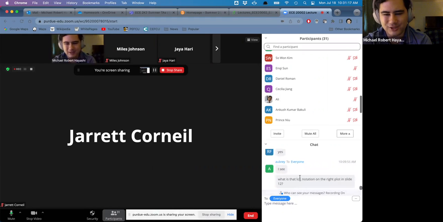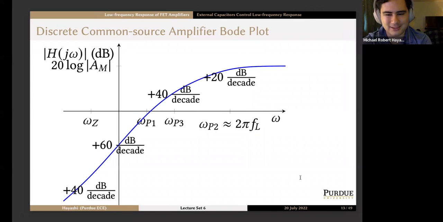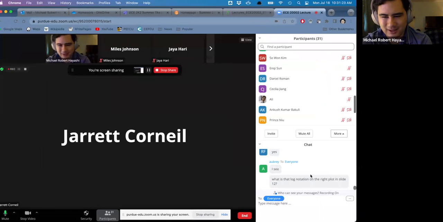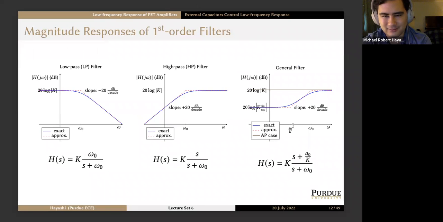Aubrey's question: log notation on the right plot in slide 12. 20 log absolute value of K times A naught over omega naught is right here. And then the top one is 20 log absolute value of K, where log is the common log, base 10.